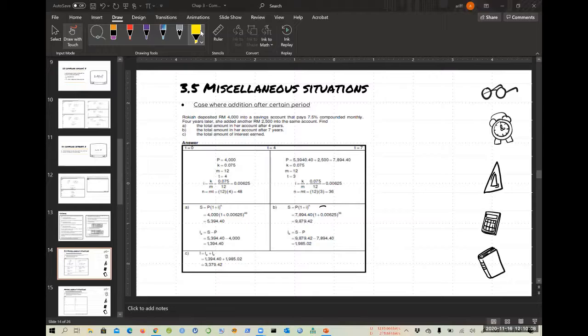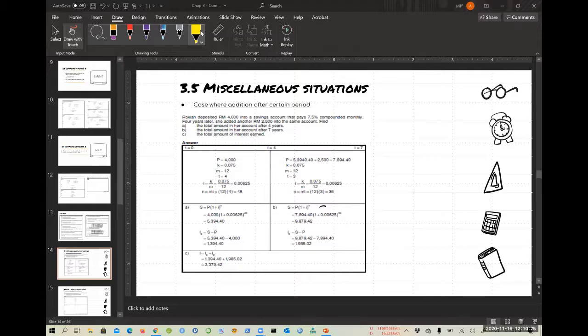For example, if you have an additional amount after a certain period, you have to stop where the additional amount takes place and then calculate the future value at that particular time frame.